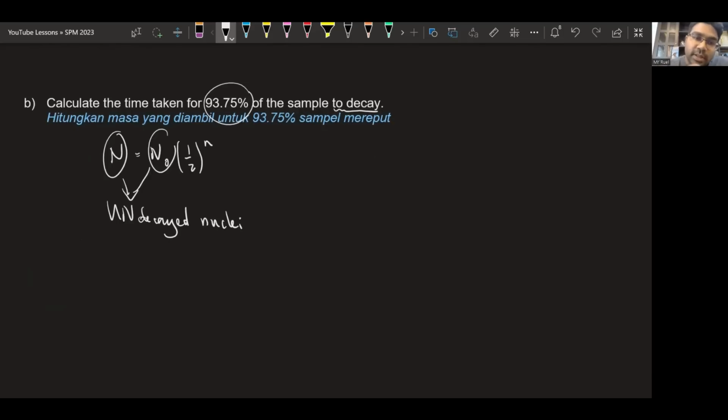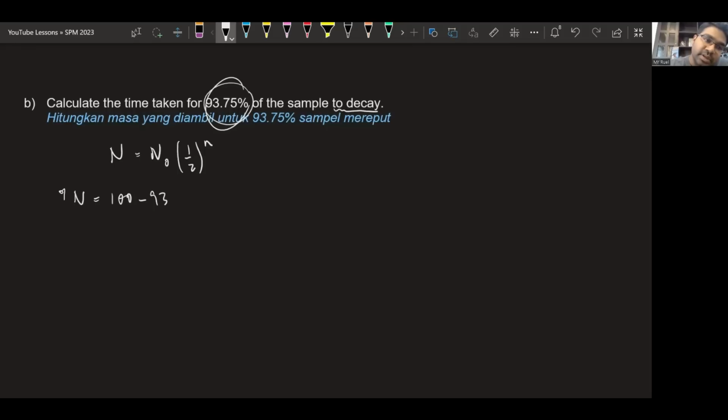So if 93.75% has decayed, if we want to use the formula, first we need to find the number that has not decayed yet. So the percentage of undecayed nuclei N will actually be 100 minus 93.75. And this is, of course, 6.25.